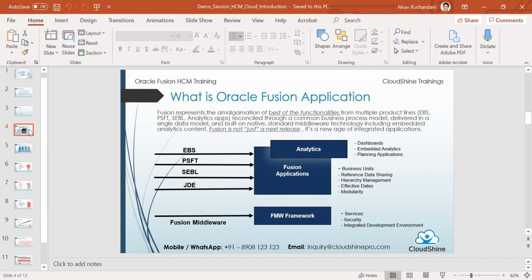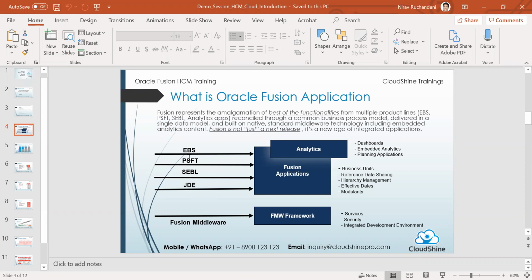Basically, how this application has been developed over the years is, initially Oracle had its own on-premise version, which was called Oracle e-business suite. So if you can see on the left hand side, there are the abbreviations of these different applications. So we had e-business suite, which was Oracle's own offering, which catered to the hire to retire solution.